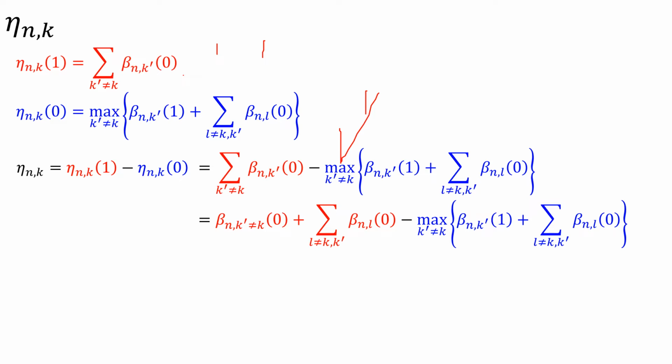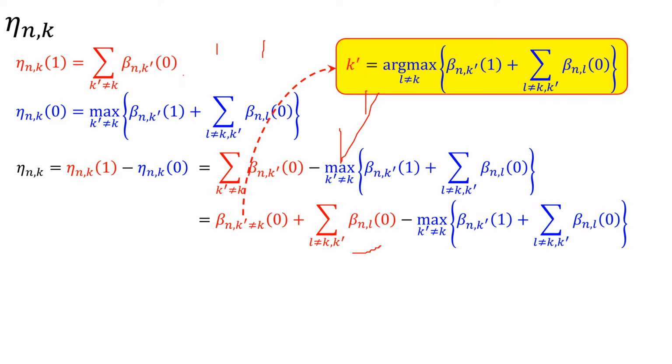And then what I do is I'm splitting this summation into the one containing k prime and the one not containing k prime here. That's the summation over all else, where this k prime is the argmax of this quantity here. So this is what I have.